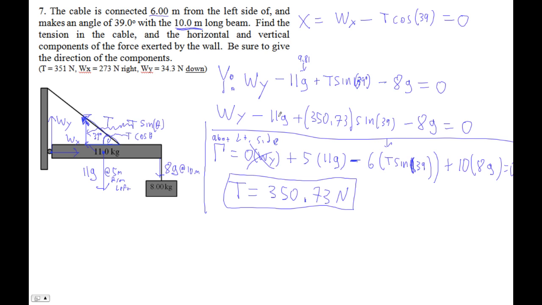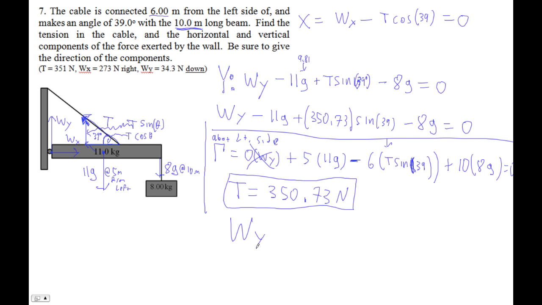This takes some maths. Okay, it's going to be, I think, 11 times 9.81 plus 8 times 9.81 minus that guy, the 350.73. I'm just grabbing that number times sine of 39. Minus 34.335.